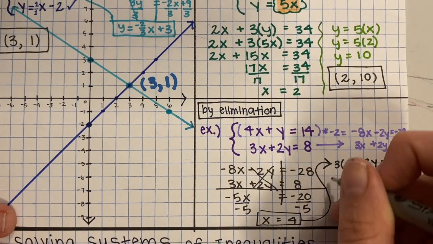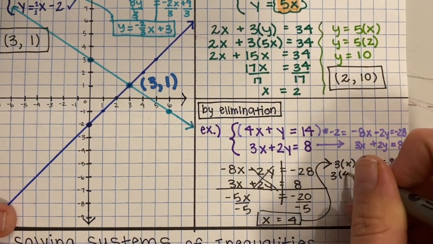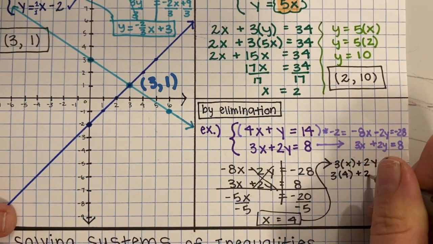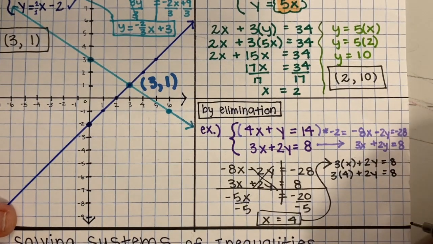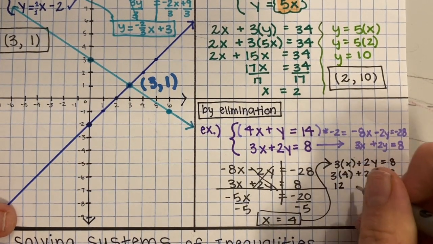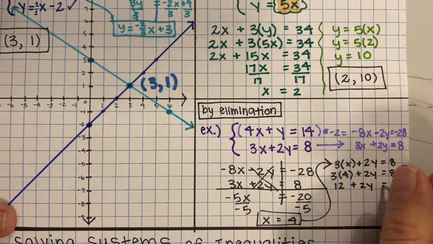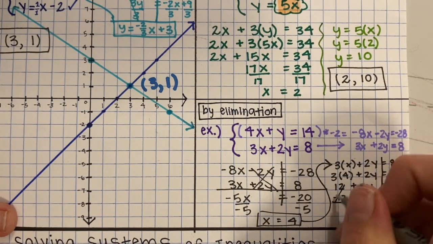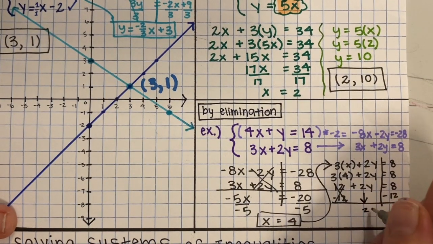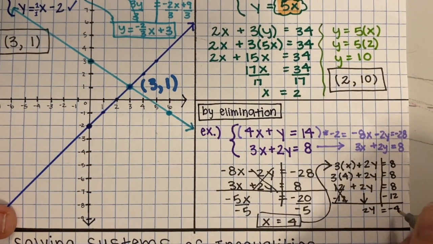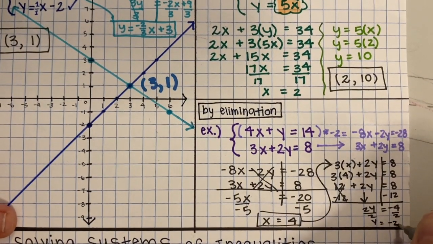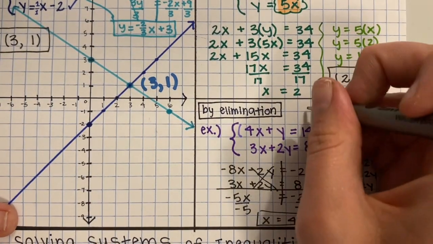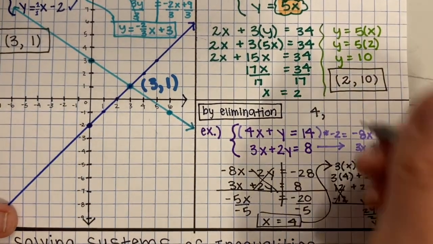So if x equals 4, we'll do 3 times 4 plus 2y equals 8. 3 times 4 is 12 plus 2y equals 8. We're going to subtract 12 from both sides. The 12s cancel out. I'll bring down my 2y and I get negative 4. Divide both sides by 2 and I get y equals negative 2. So the solution to this system is 4, negative 2.